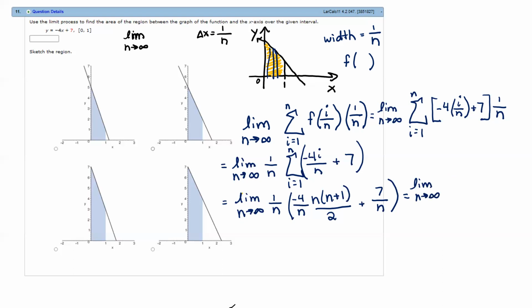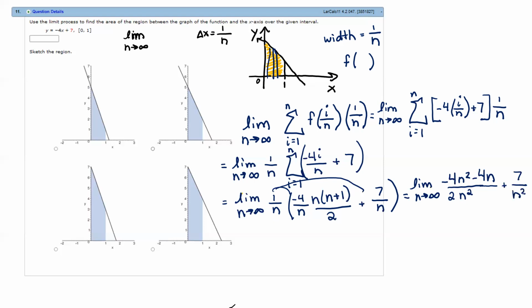We can distribute this negative 4n, so we get negative 4n squared minus 4n all together over 2, and then we can also distribute this 1 over n. So we end up with 2n squared for that first term. And then we distribute it to the 7 as well. We have plus 7 over n squared.